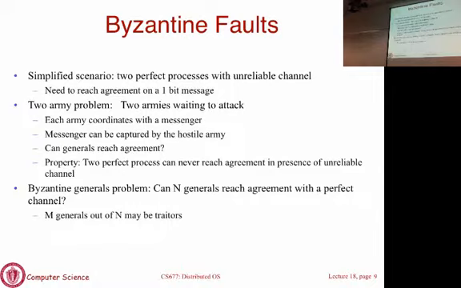Let's take the case where the messenger is not captured at all. The messenger went to the other side and has come back. So the first general knows that the message was received successfully, because the messenger comes back in the case where the message was not flipped. But then how does the second general know that the acknowledgement was received?